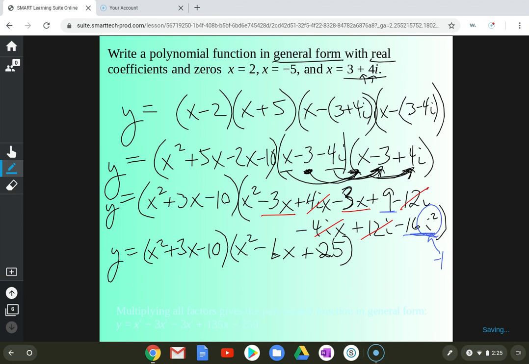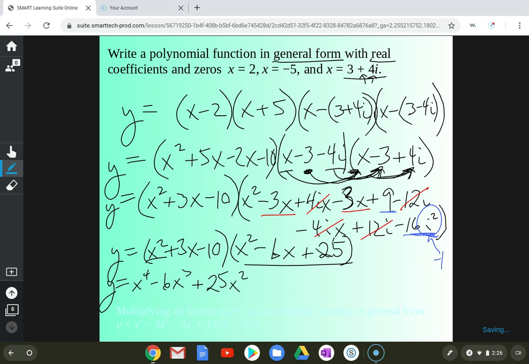All right. Okay, so now we got to multiply these together. Here we go. First term times all three of these. So we get x to the 4th minus 6x cubed plus 25x squared.